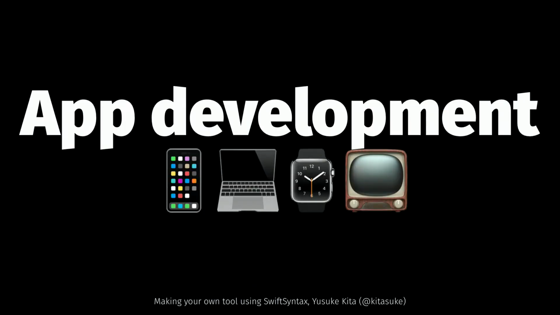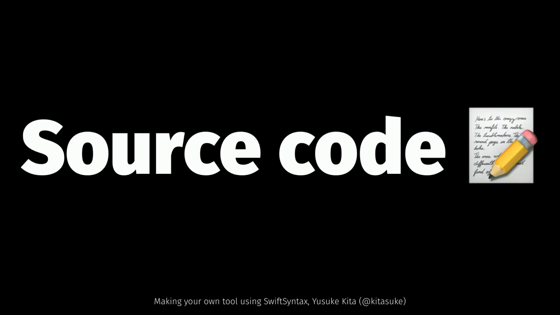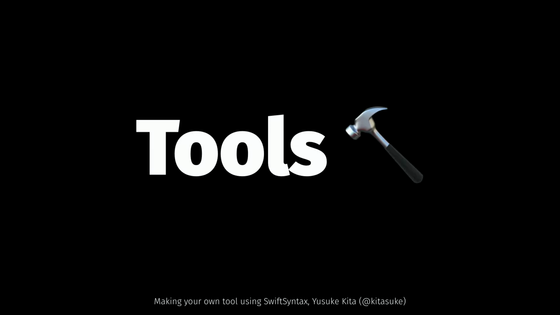So we develop apps. It could be iOS, macOS, watchOS, tvOS, any OS on Apple platforms. And I think there are mainly two things we often touch. First one is, of course, source code, which is the most important thing, and also tools.